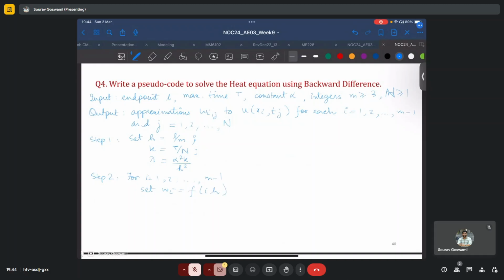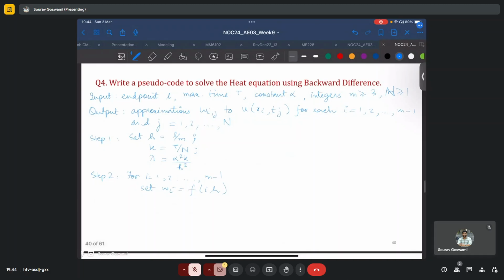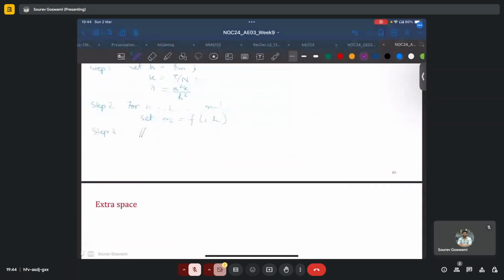Step 3, and now we basically start solving for the tridiagonal system. So I'll just put comments: steps 3 to 5 solve a tridiagonal linear system. And this is how we do it.